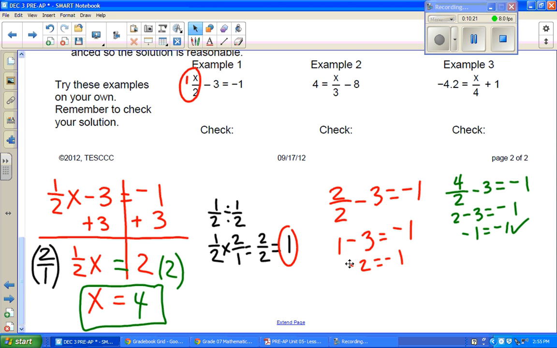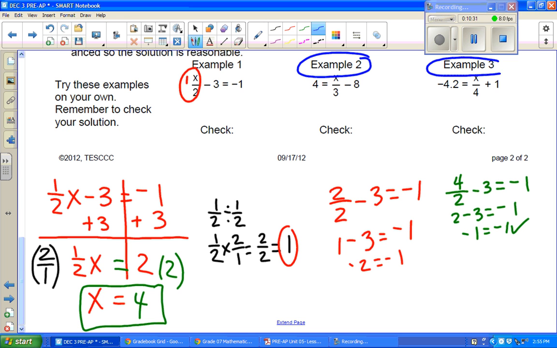Okay, so I'm going to let you work example number 2 and example number 3 on your own. So you can pause the video and work it out.